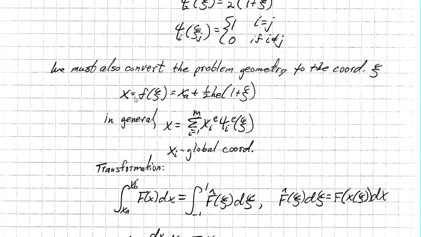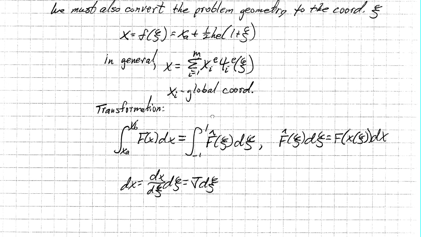We have x here, so if I just call x as a function of ξ, we've already introduced the explicit relation. In general, instead of writing this out, we could just define it as a summation, with these quadrature points and this function psi_i, where these are my global coordinates x_i.